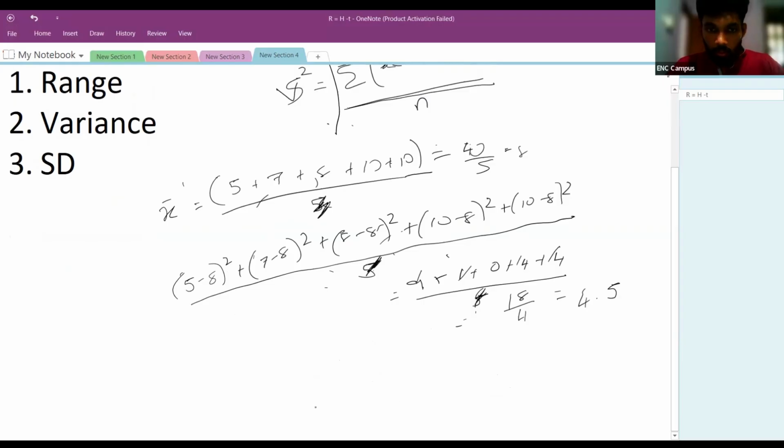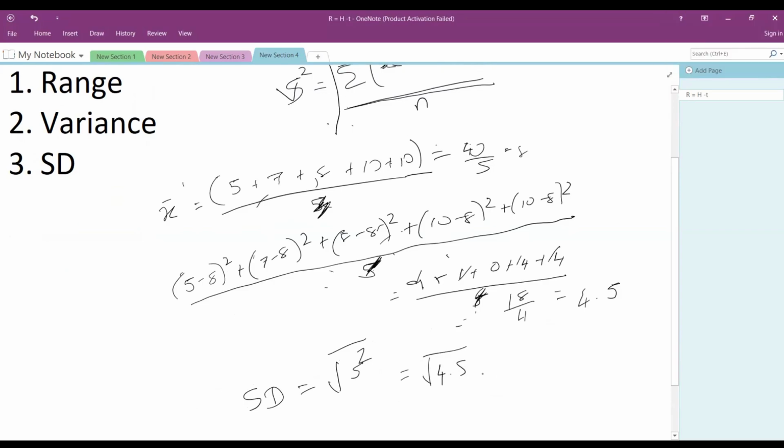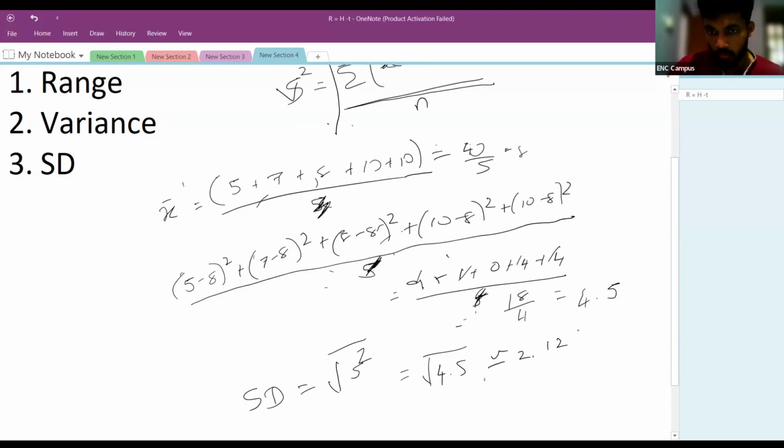Yes, 4.5, sir. Okay. Then standard deviation is basically the square root of the variance, S square. So that means the square root of 4.5, which is close to 2.12, right?